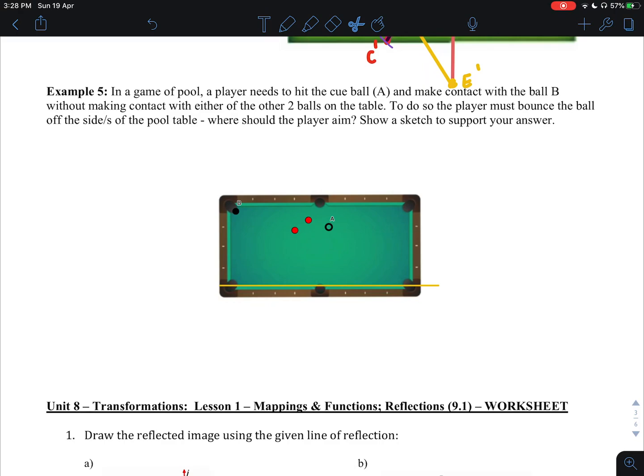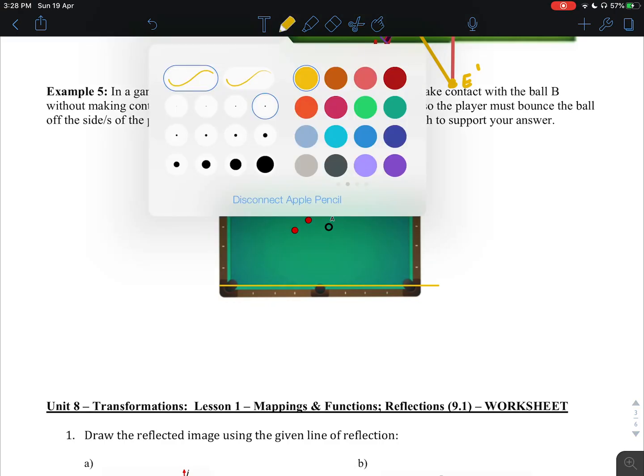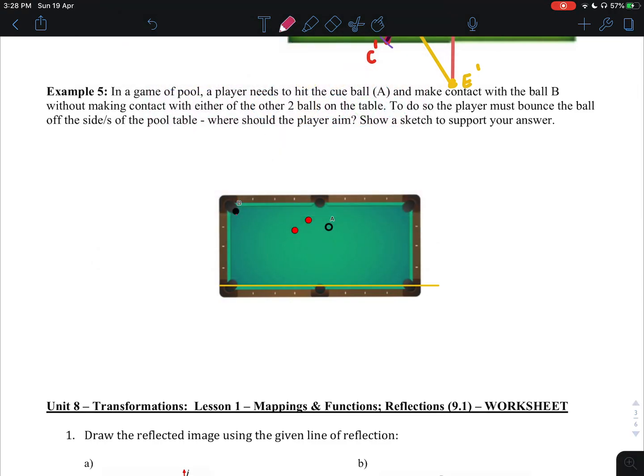I'm going to take ball B and measure the distance from ball B to the wall, or the side of the pool table where I'm going to bounce it off. I'm going to measure that, of course, at 90 degrees. The shortest distance between a point and a line is, of course, at 90 degrees.